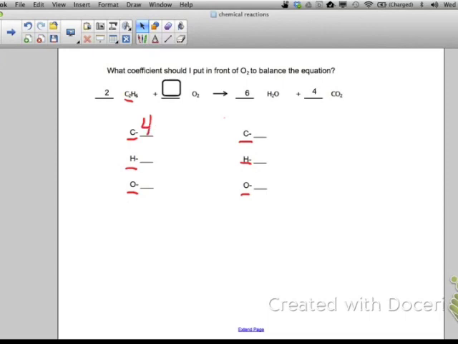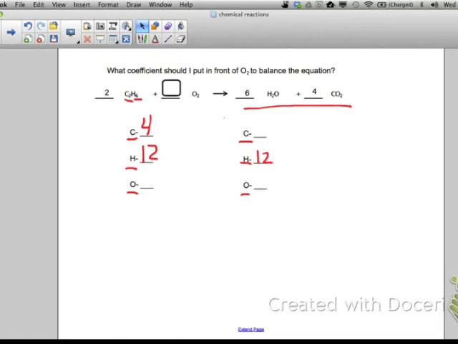And then we also have 2 groups of 6, so 2 times 6 gives me 12 hydrogens. Now, over here at the product side, I apologize, we have 6H2O. That means I have 6 waters, and so I have 12 hydrogens, and then right now I have 6 oxygens.